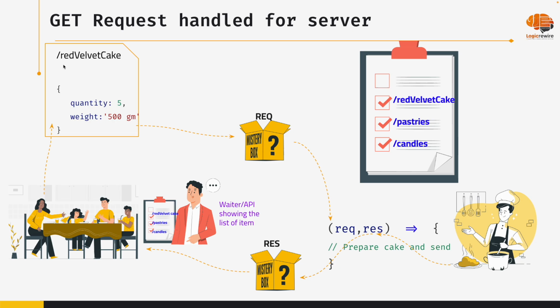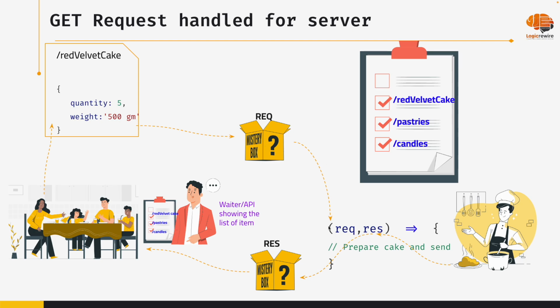Let's suppose I get the request for red velvet cake, then the server will connect. The server gets any request and response via these two objects: one is the request object and one is the response object. Anything coming from the client side, which the waiter took, goes to the request box and is collected here.